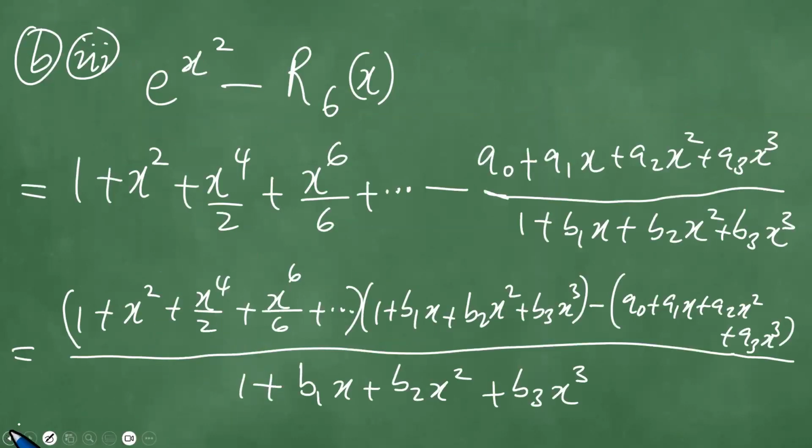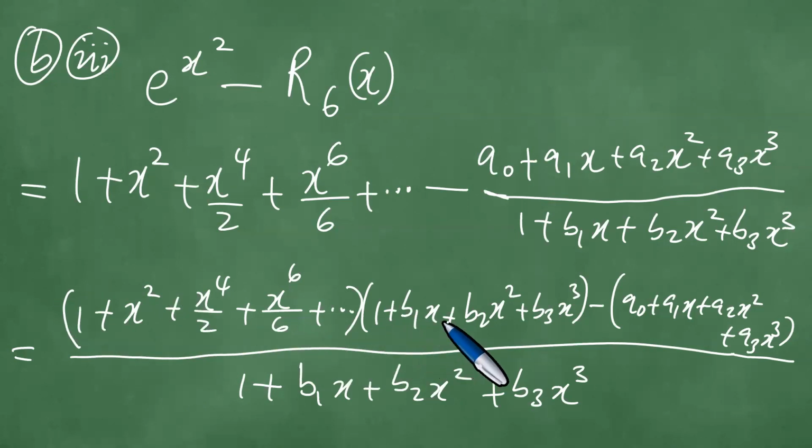Let's look at the x squared. So x squared is going to come from what? It can come from many things, but if you multiply, for example, b2 with 1, and also b1x with, okay, b1x is not going to produce that, but the b2 with 1, and also the 1 with the x squared. So those ones are going to produce x squared.